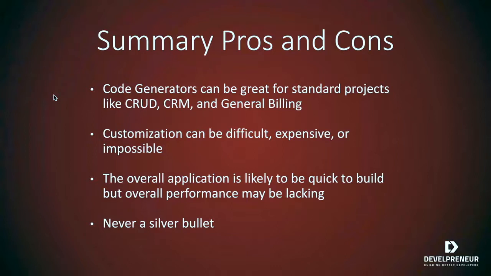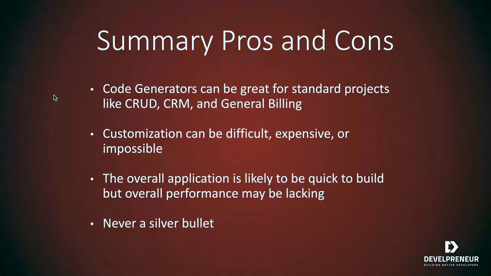Even things like customer relationship management, billing and invoicing, address books, and stuff like that. Things that are pretty much the same thing from instance to instance. Yeah, you may have a label that's a little different. You may call it an employee instead of a customer, or street address versus address, or zip versus zip code.